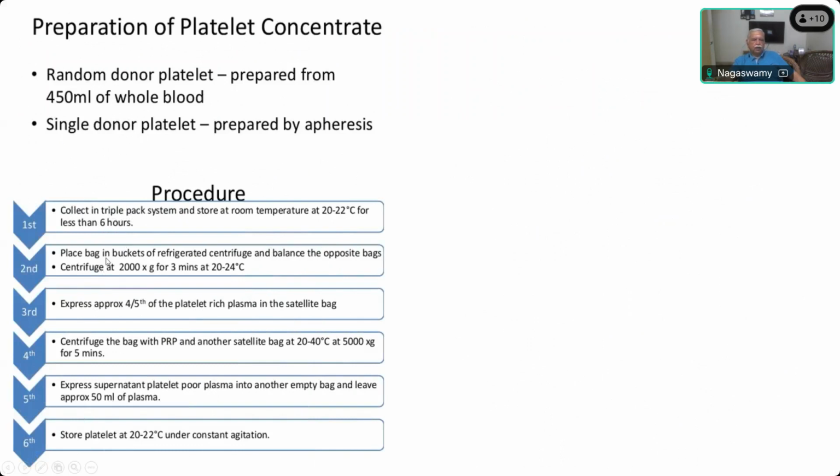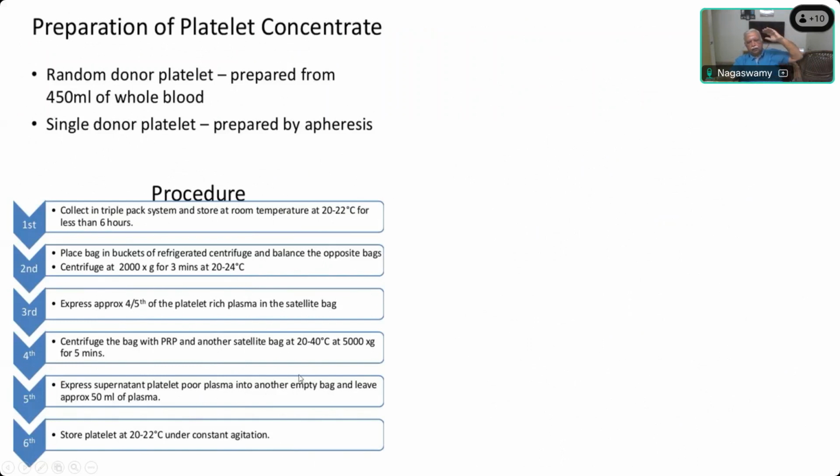of collection. Place the bags in buckets of a refrigerated centrifuge and balance the opposite bags, and express about 4/5 of the platelet-rich plasma into the satellite bag. Then centrifuge the bag with platelet-rich plasma and another satellite bag at 20 to 40 degrees, and express the supernatant platelet-poor plasma into another bag.